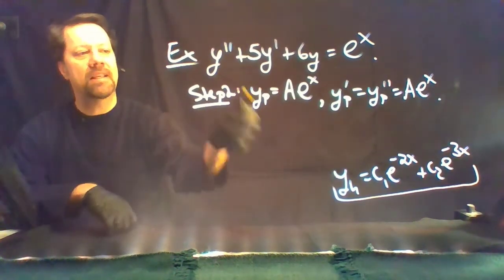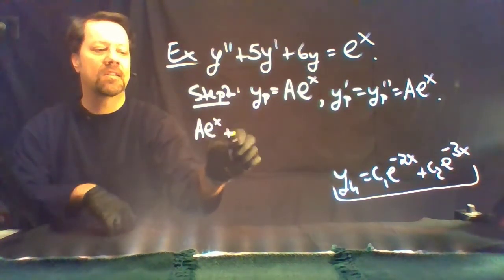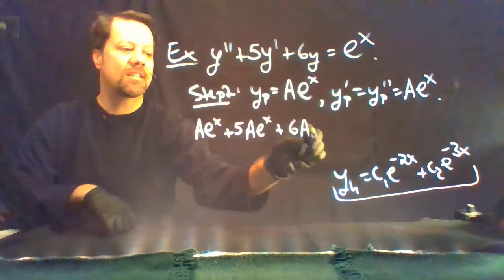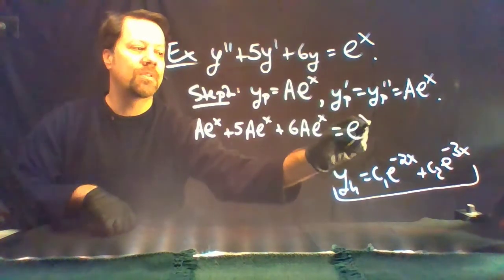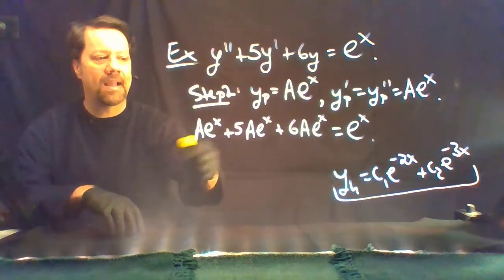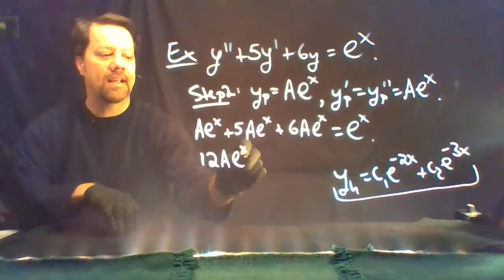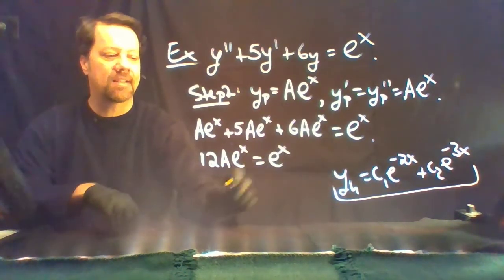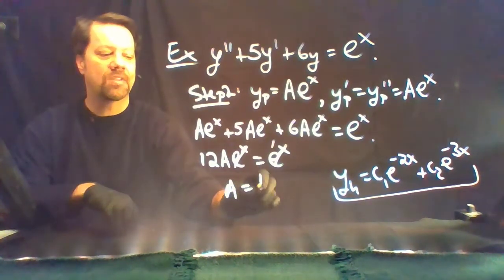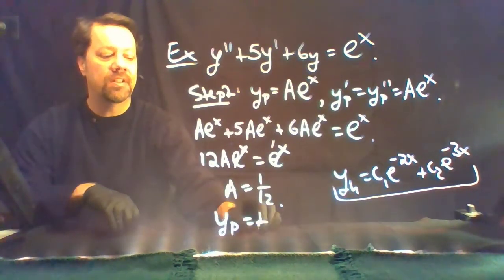When we substitute these into the differential equation, we get a e to the x plus 5a e to the x plus 6a e to the x equals e to the x. On the left-hand side, the terms combine to make 12a e to the x, and that equals e to the x. We can divide both sides by e to the x and solve to obtain a is 1/12.